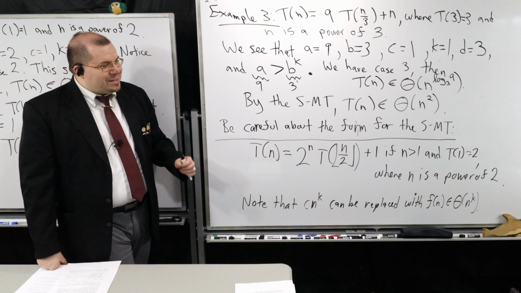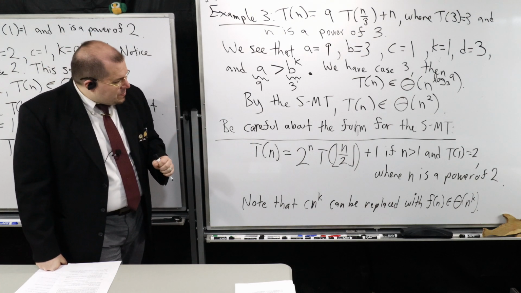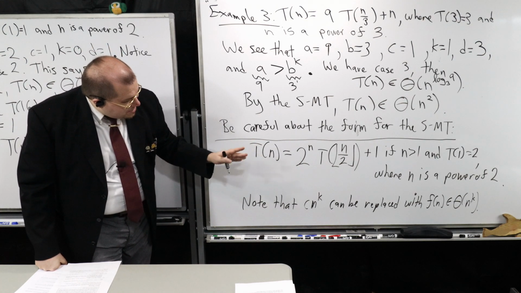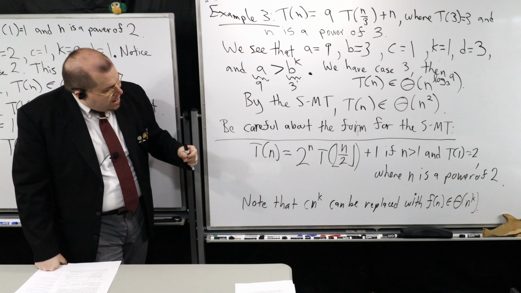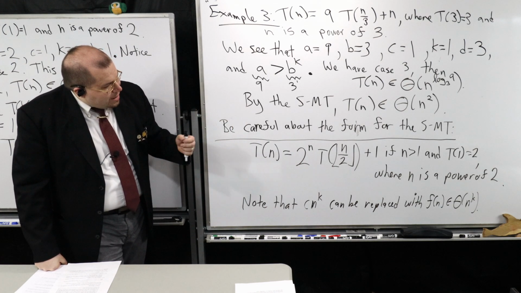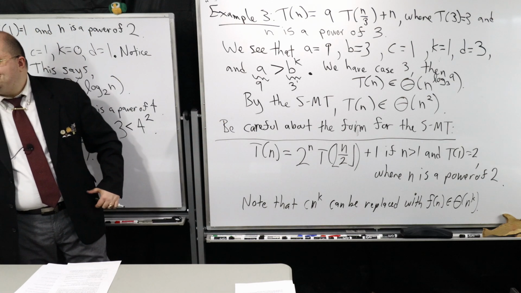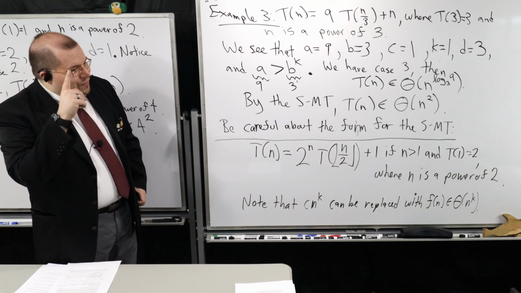So just remember what the conditions of the theorem are. T of n is equal to 2 to the power of n times T of n over 2 with the floor, plus 1 if n is greater than 1, and T of 1 is equal to 2, and n is assumed to be a power of 2. So remember what the form looks like.